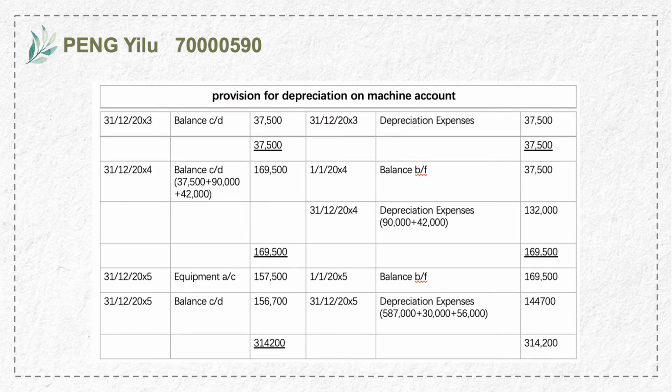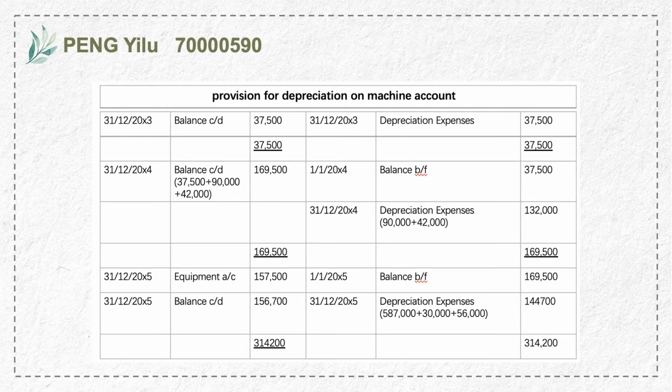This is the provision for depreciation on machine account. First, we need to write down the depreciation expenses about 37,500 on the right. So we also need to write it on the left to balance carry down. On 1st January 2000 X4 year, we need to write down the 37,500 to balance brought forward.